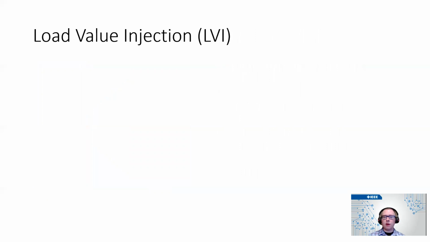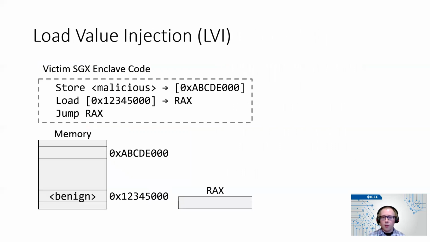Now, in April of 2019, a group of academic researchers submitted a ticket to Intel describing a technique that they called load value injection. They had built a proof of concept targeting Intel SGX, and it looked something like this. The first instruction stores some untrusted data into address ABCDE000.